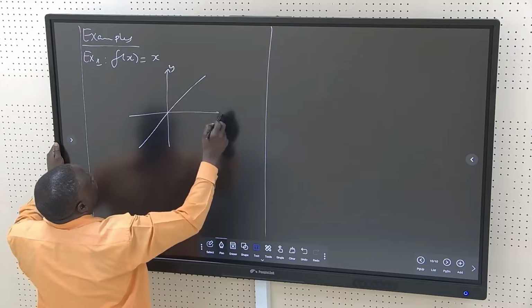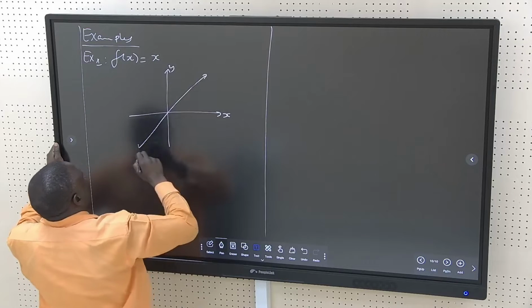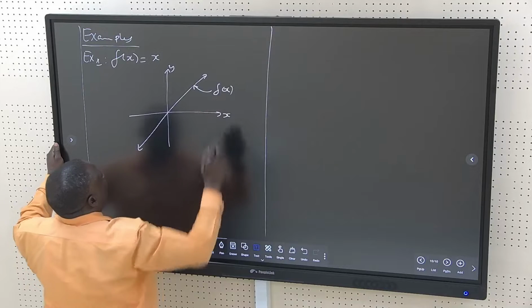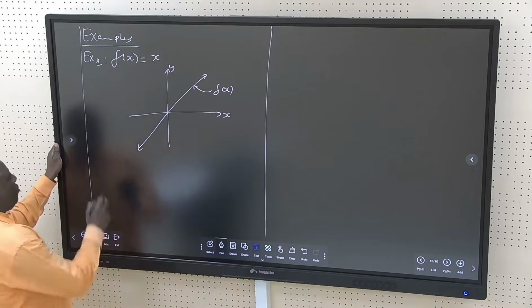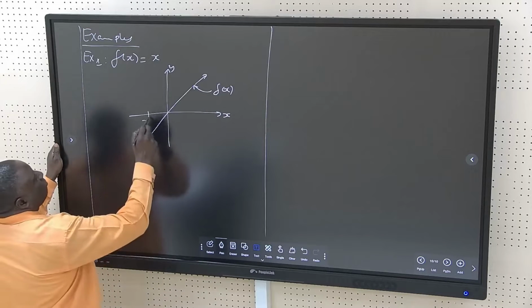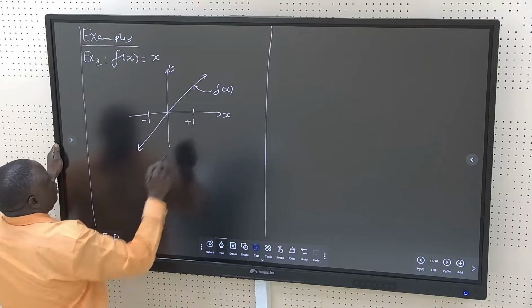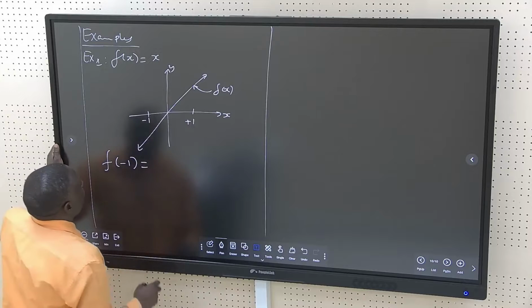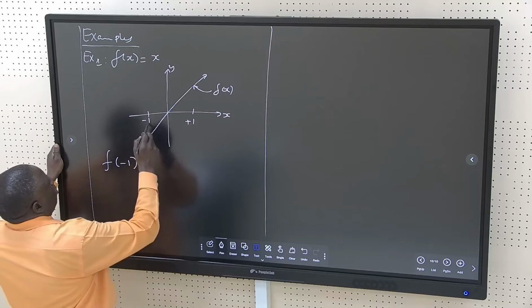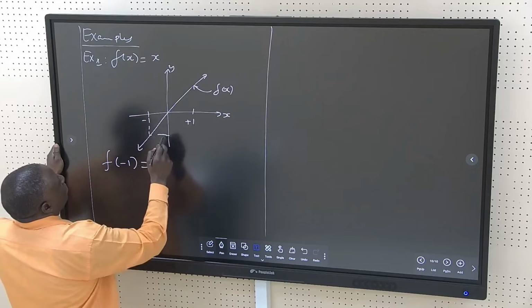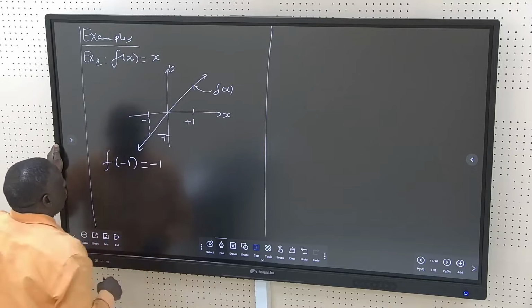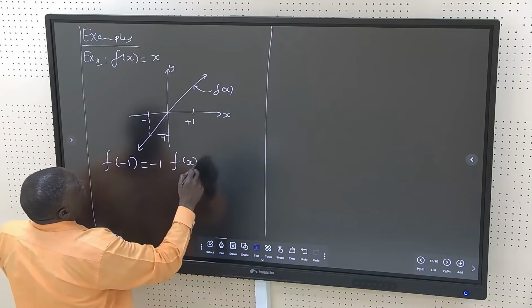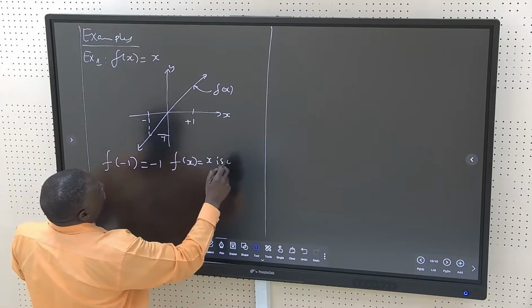This is y, this is x, and this is f of x. Let us take negative 1 here and positive 1 here. So f of negative 1 equals negative 1. You see, this is odd. So f of x equals x is odd.